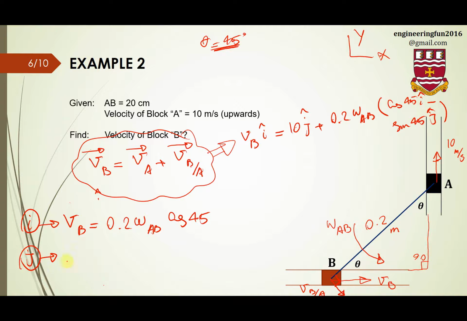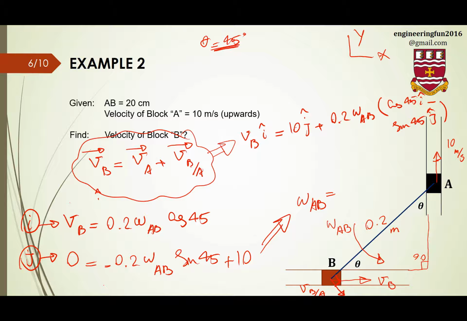The coefficient of j on the left is 0, and the coefficient of j on the right-hand side is minus 0.2 omega AB sine of 45, and we have one j here, plus 10.